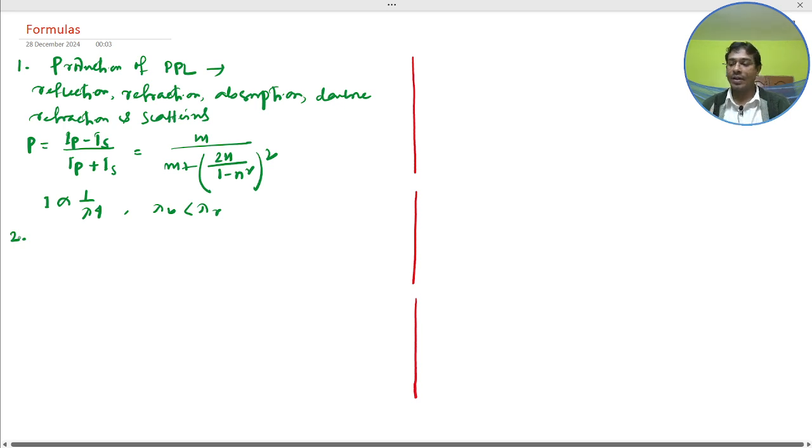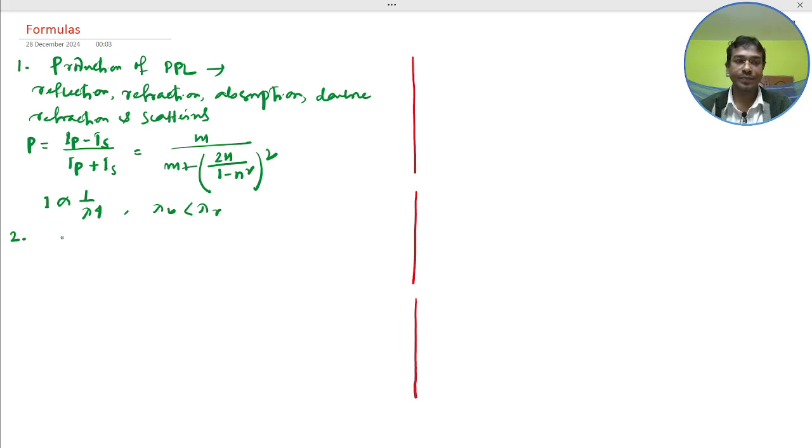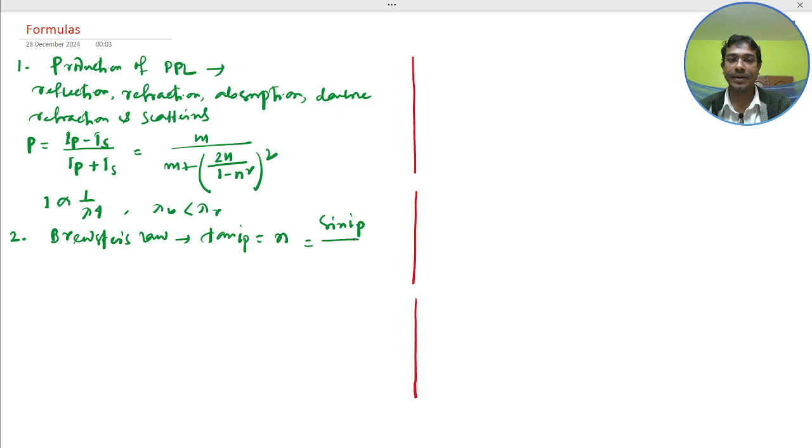Next one, for the polarization of light, Brewster's law. Brewster's law says that tangent of the polarization angle IP is equal to n, the refractive index, written as sin IP divided by sin (90 minus IP).